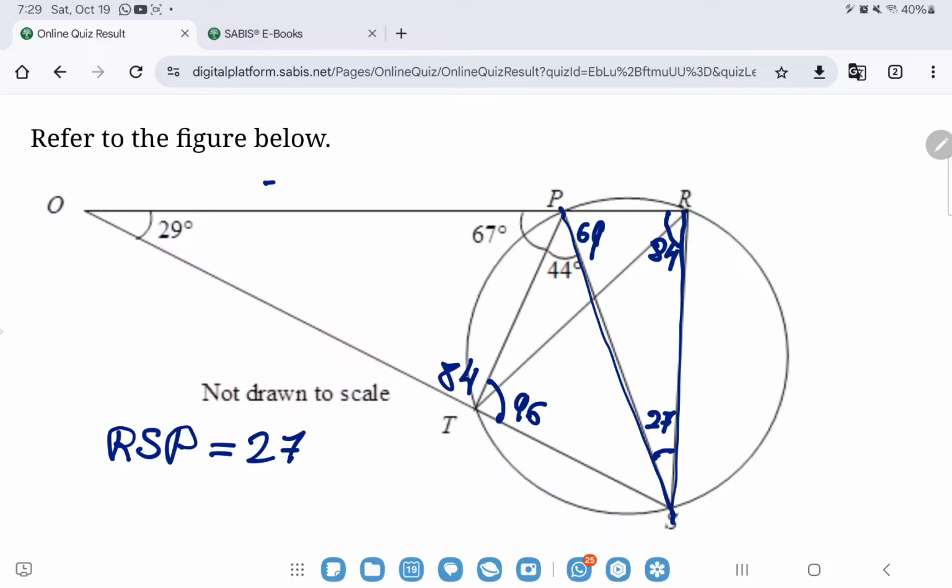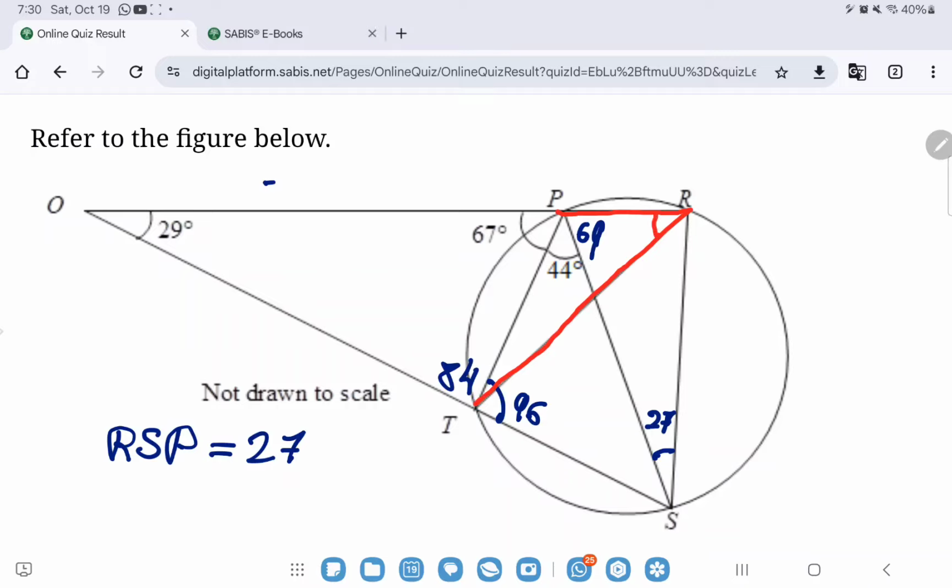Now our last angle, PRT, let me remove this. We need to find PRT, this one.